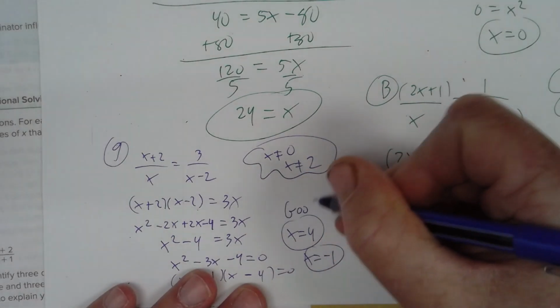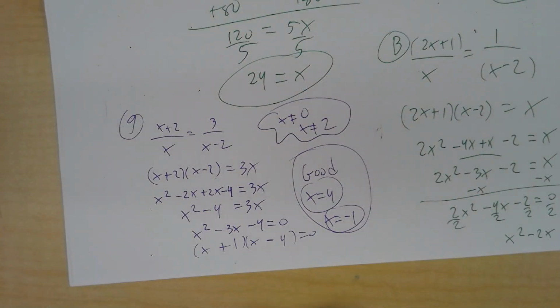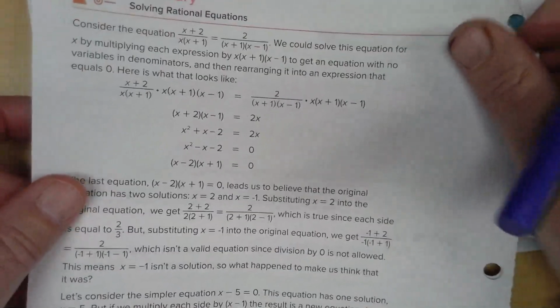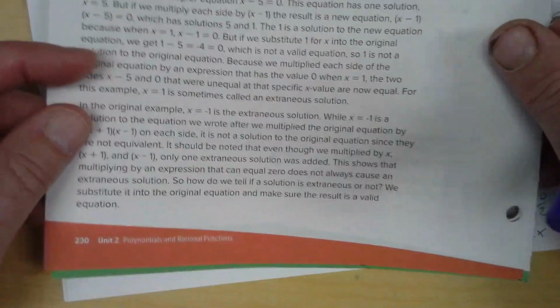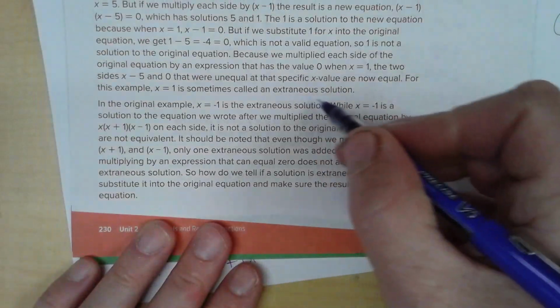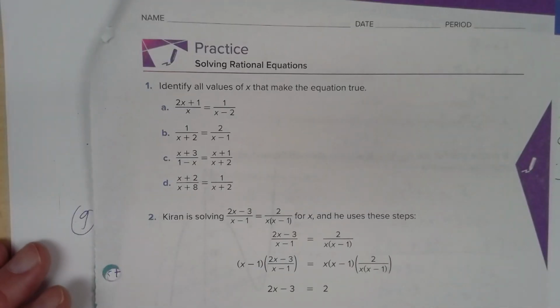They're both good. Yay! All right, so we solved these equations. They typically do this a very convoluted way on the orange page. They talk about extraneous solution, so I didn't make that word up. So sometimes you can get an extraneous solution. Now we're ready for the purple page.